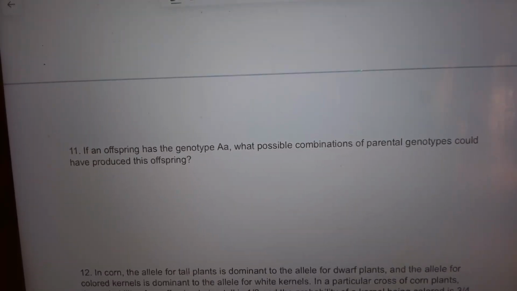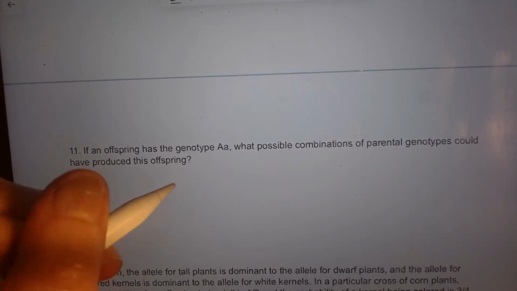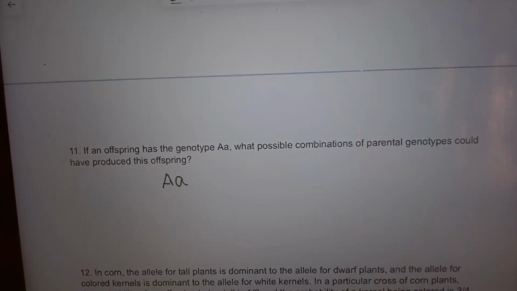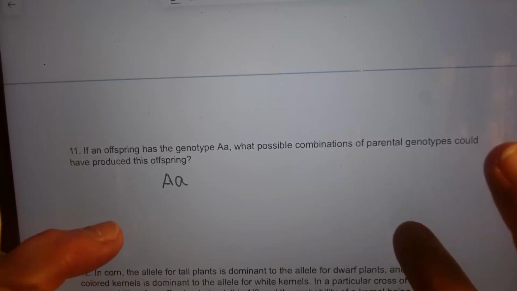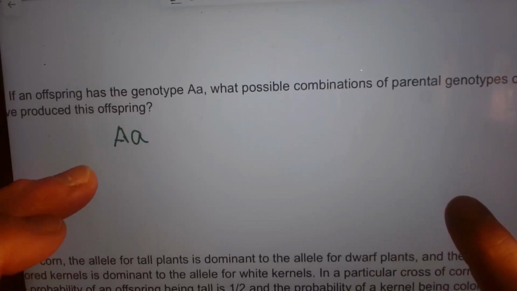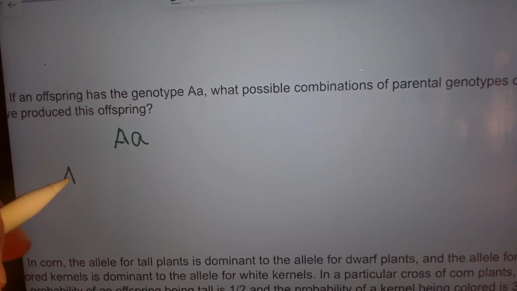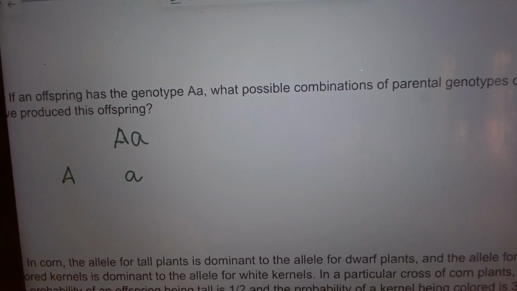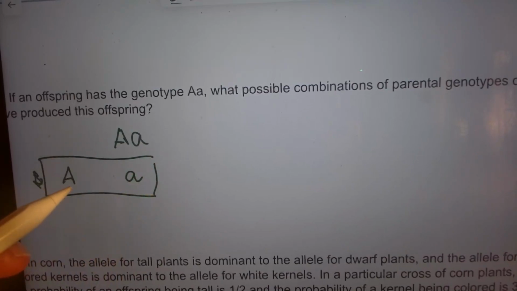Okay, so number 11, if an offspring has the genotype of AA, what possible combinations of parental genotypes could have produced this offspring? So each parent must contribute an A for that offspring. So the first combination, this will be the outcome, capital A and A something.